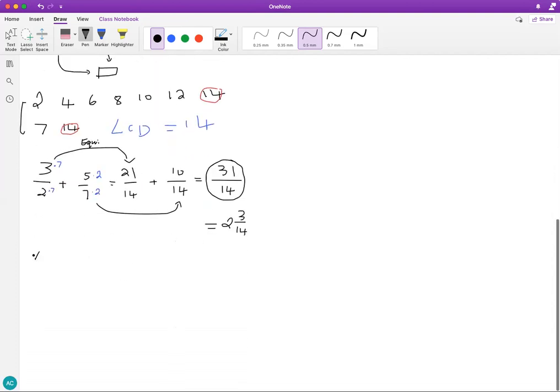Let's do another example. Let's do one with subtraction this time. Let's say 4 over 6 minus 1/4.